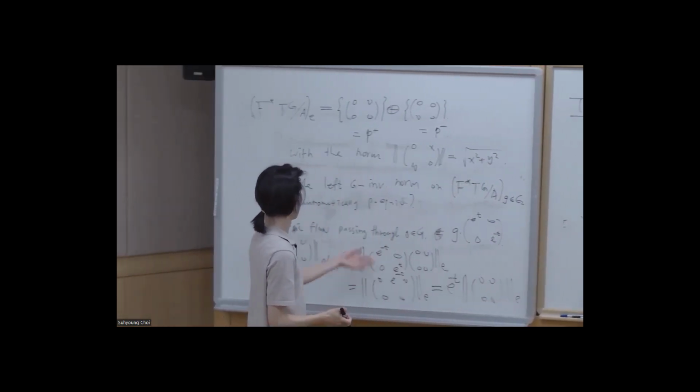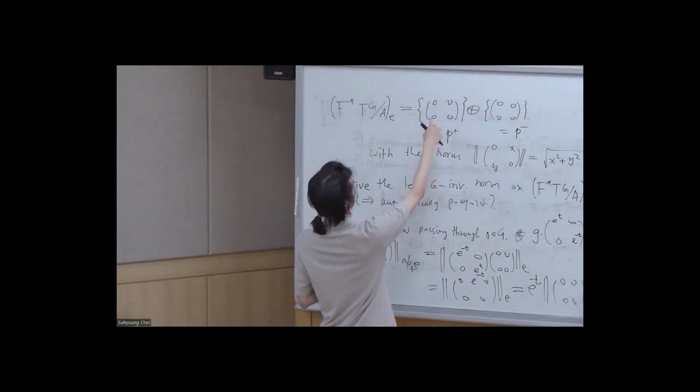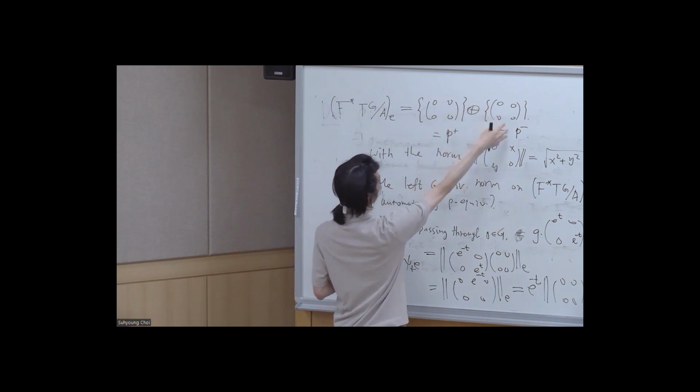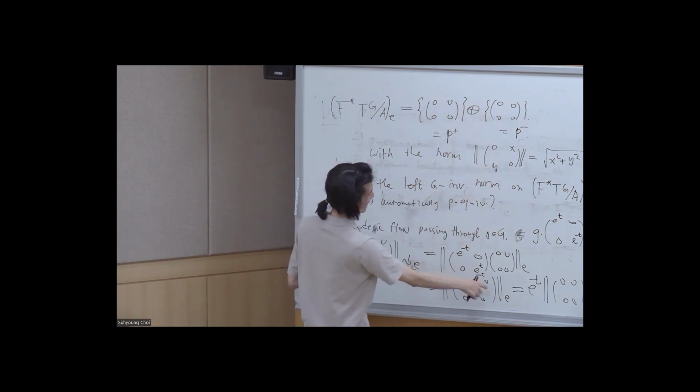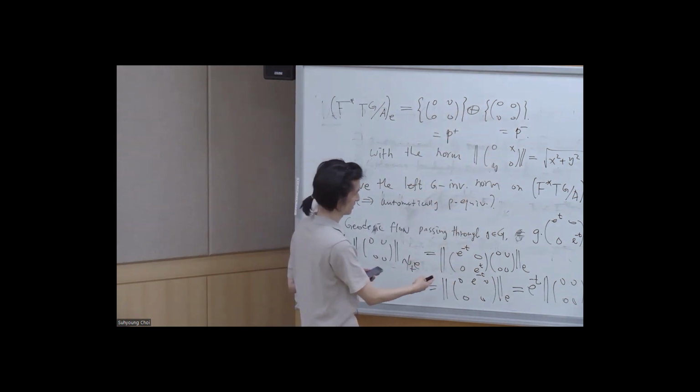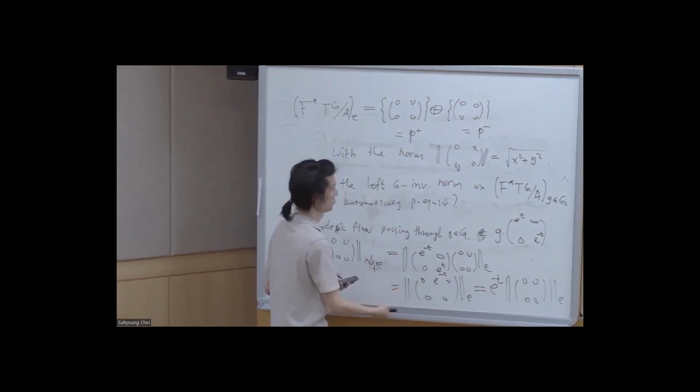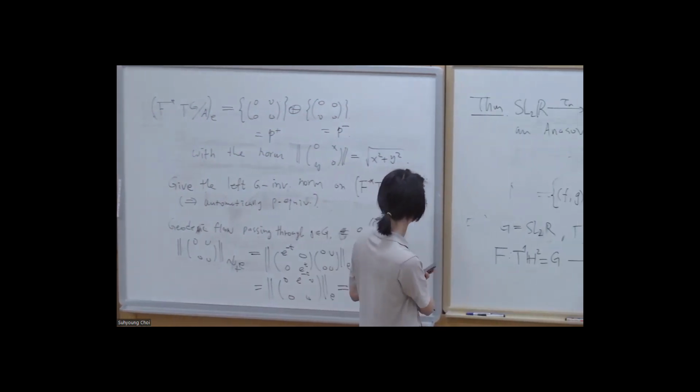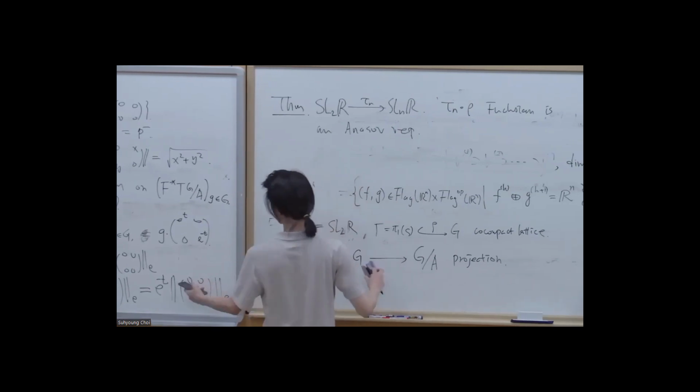We just do the same game with bigger triangular matrices and bigger diagonal matrices, and you do the same computation basically. It tells you that we have the same contraction property.